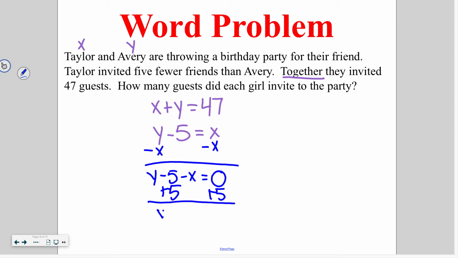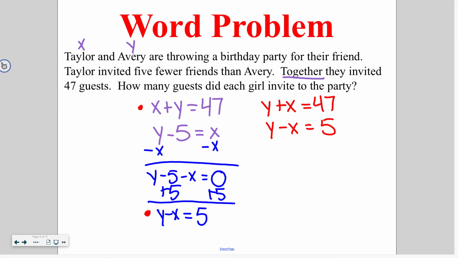And that gives me y minus x is equal to 5. So now we're looking at this equation down here and this equation up at the top. So again, those aren't completely lined up yet, so I'm just going to flip-flop my x and y in the first equation. So y plus x now, and then we got y minus x is equal to 5.